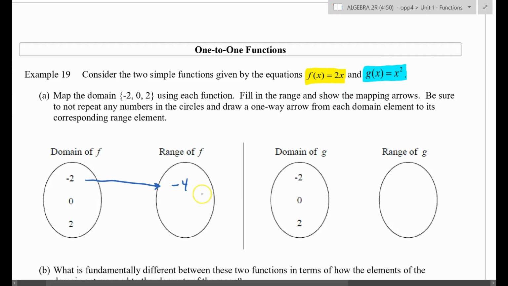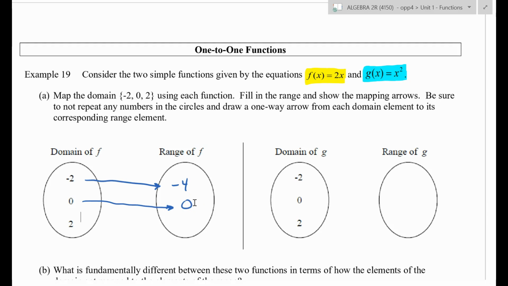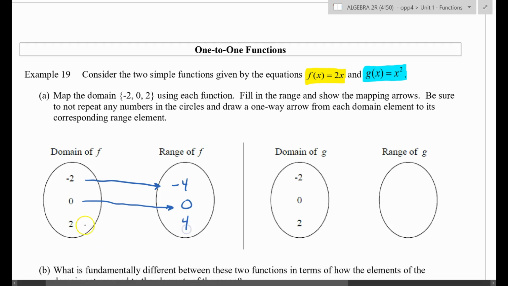Plug in 0, 2 times 0 is? All right, I agree with that. Annalise, if I plug in 2? I agree. Plug in 2 and I get 4. There it is, right?